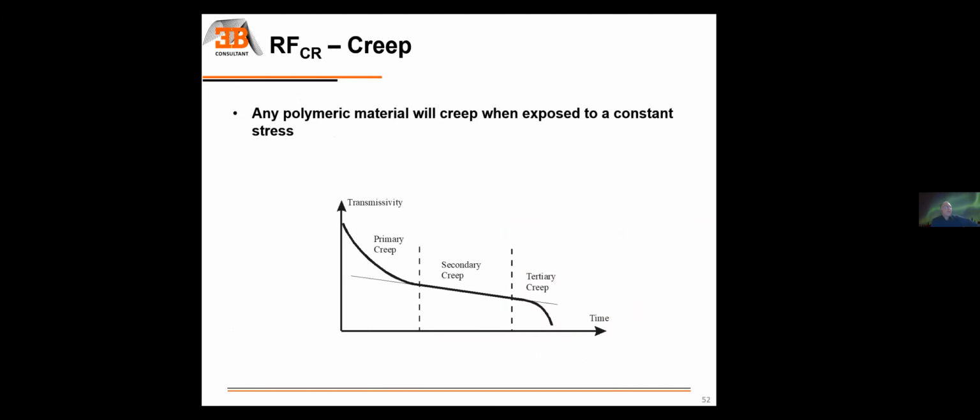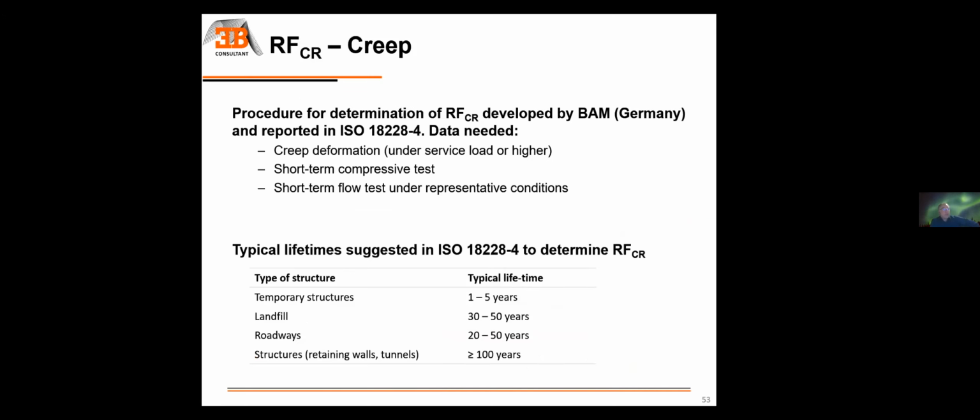Creep now. Any polymeric material will creep when exposed to a constant stress. There is a procedure proposed in ISO 18228-4 for the determination of the reduction factor. It requires knowing the creep deformation of a product under the service load.